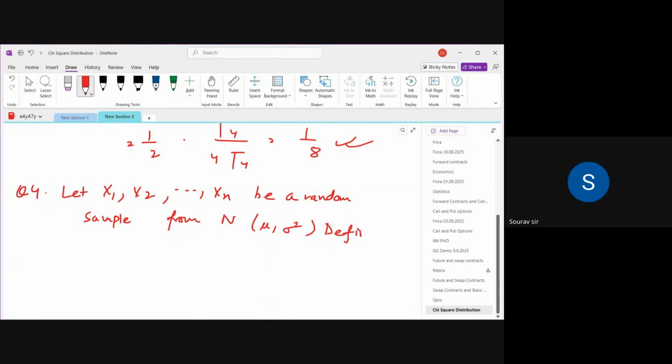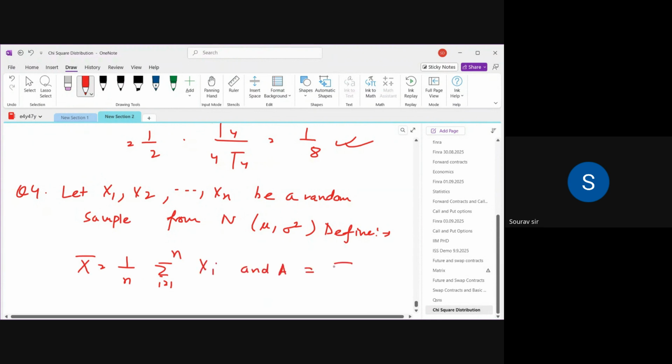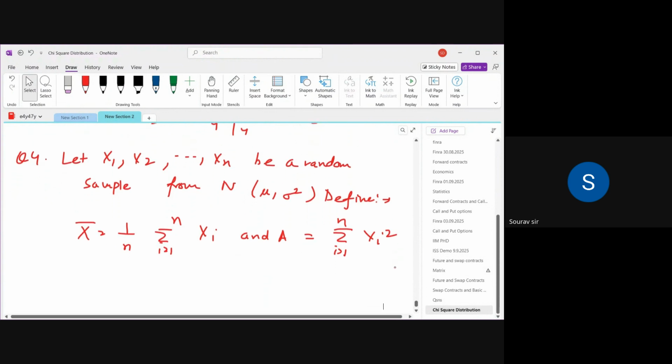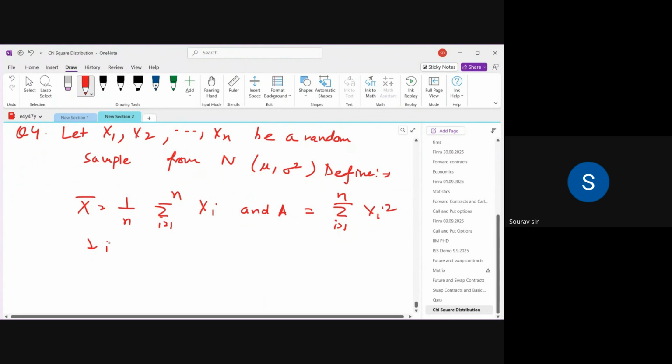We have to define x bar equal to 1 by n summation i from 1 to n of xi, and A equals summation i from 1 to n of xi square. Then which one of the following pairs will be independently distributed?